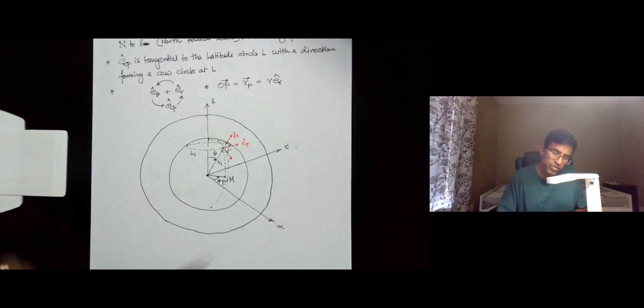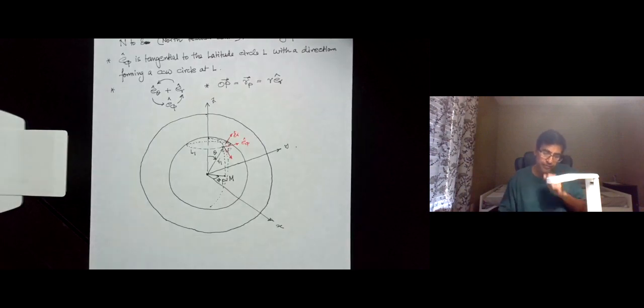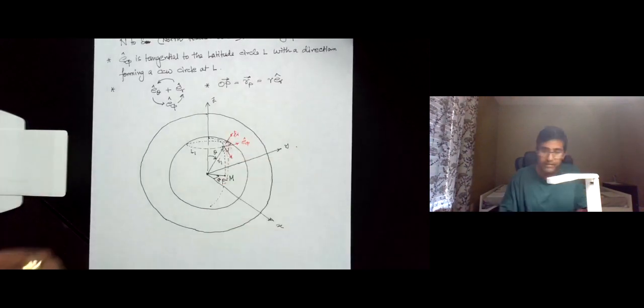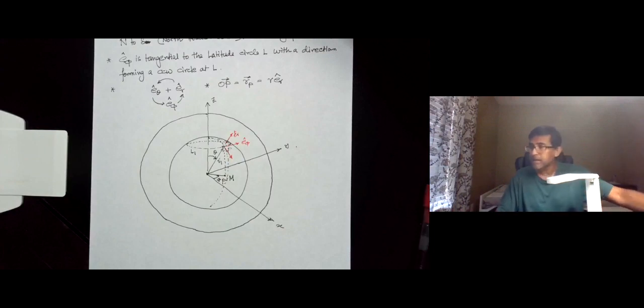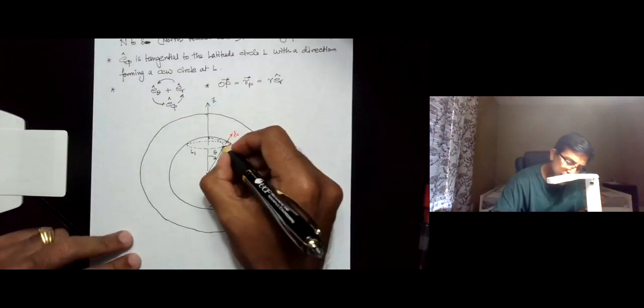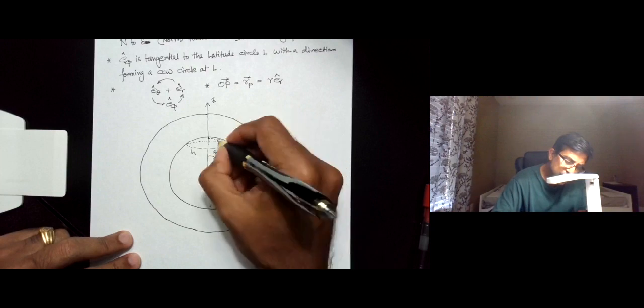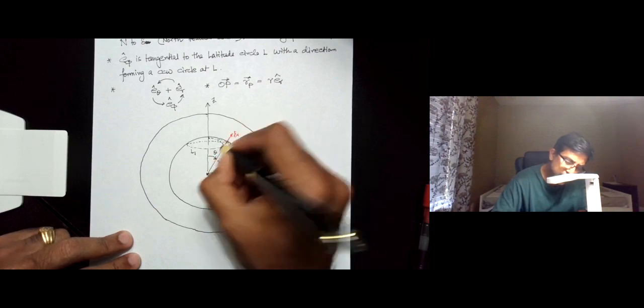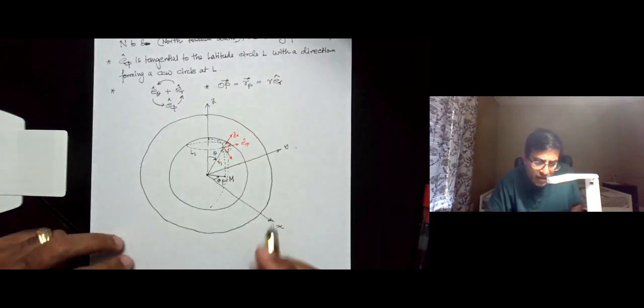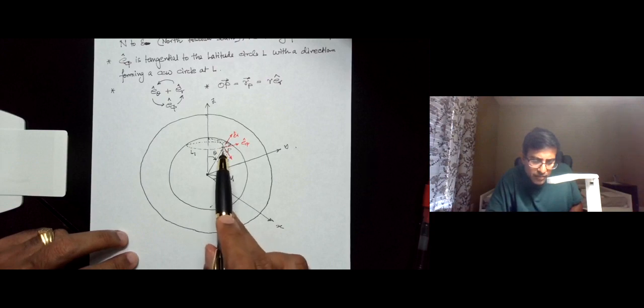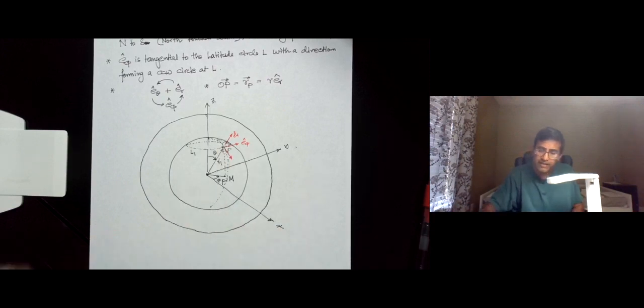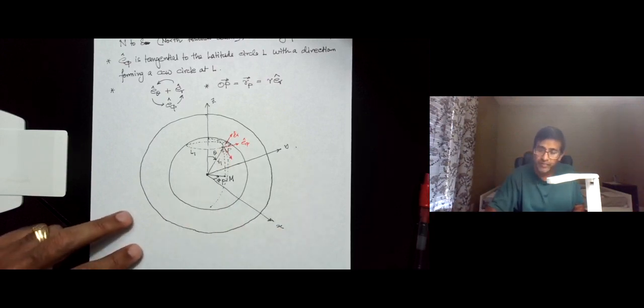Okay, so initially the location of the point is here, and it is at a distance of R1.